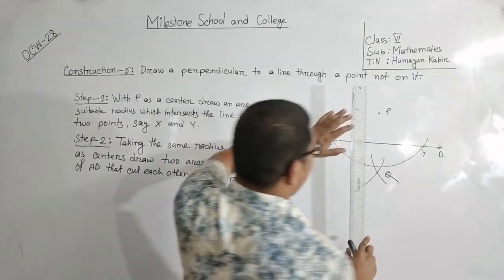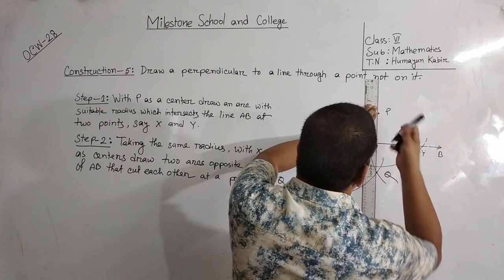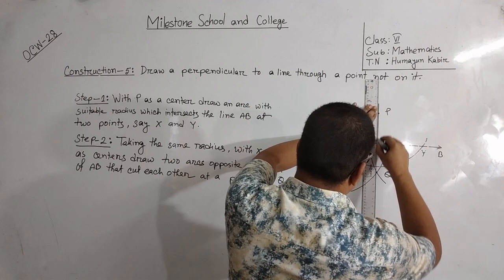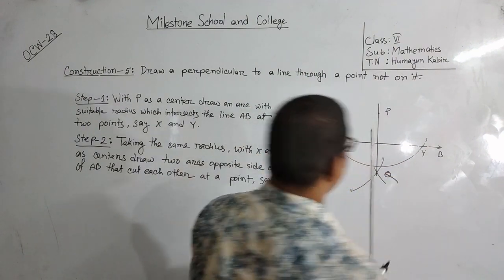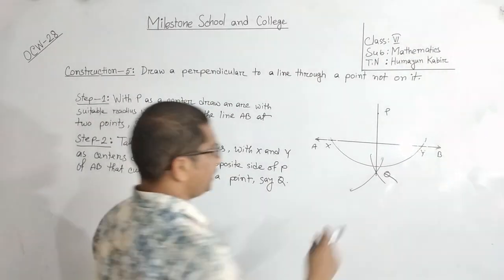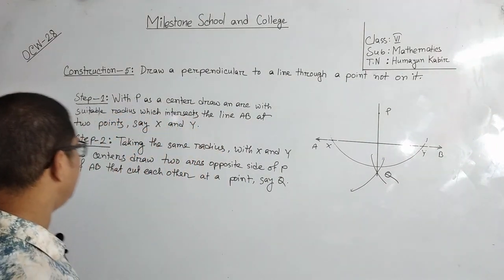Next we will join P and Q. Okay, so if we join P and Q, then we will get the PQ line. This PQ line is our required perpendicular.